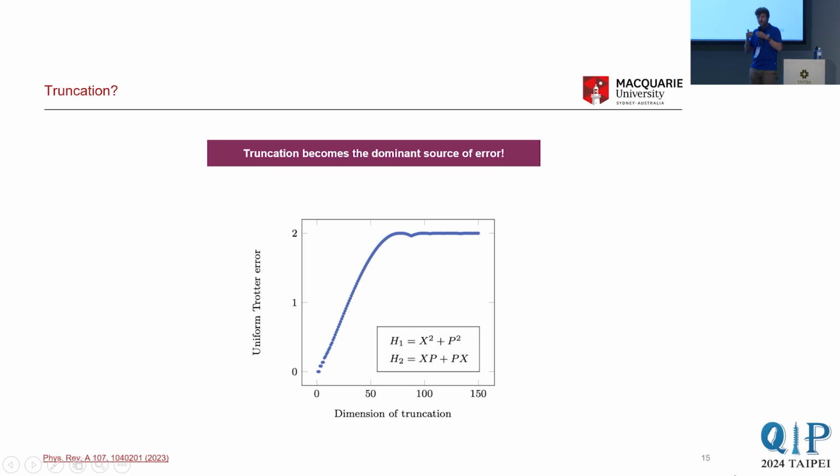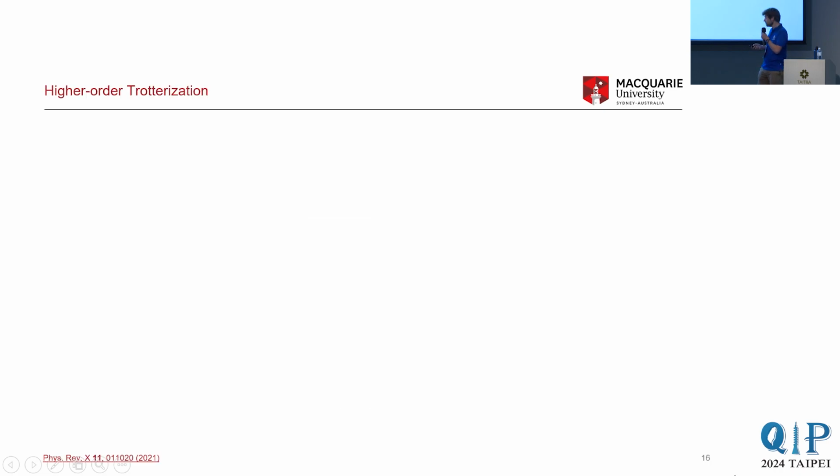So there's a very intricate interplay between Trotter error and truncation error. If you increase the truncation dimension, you would also have to increase the number of Trotter steps in order to get an accurate simulation. So it would be important to study this connection between Trotter error and truncation error in more detail. But our results hold for the full unbounded case, so they apply without truncation even.